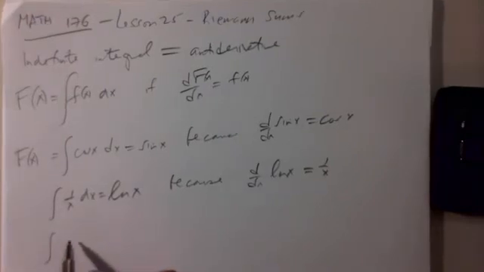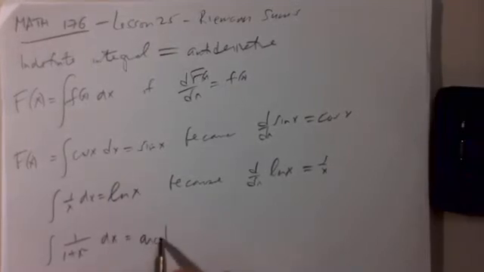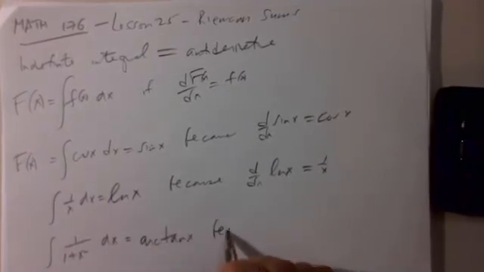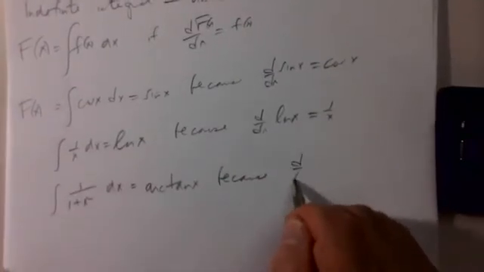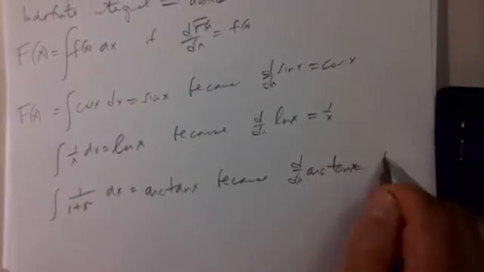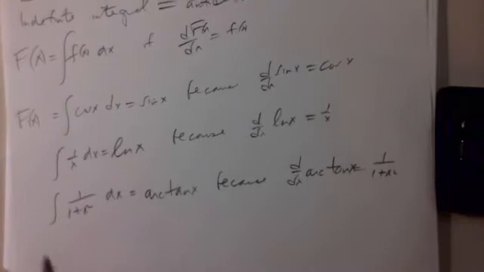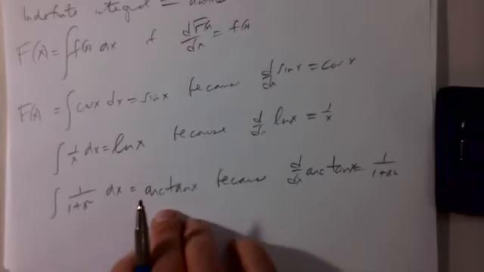The integral of 1 over 1 plus x squared dx is the arctangent of x, because the derivative of the arctangent is 1 over 1 plus x squared. So this is what we studied before the break for Thanksgiving.